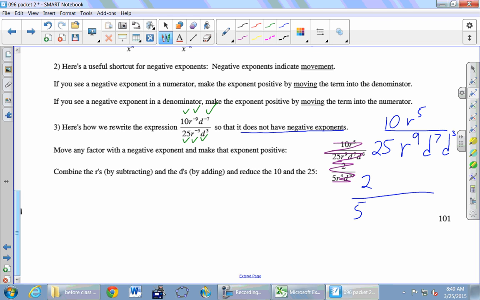What do I do with the power on the r's here? R to the 5th and r to the 9th. I subtract them. We know that from last class, division becomes subtraction in the powers. So you could do 5 minus 9. How much is 5 minus 9? Negative 4. But if you do that, all of a sudden you've got another negative exponent. We worked so hard to get rid of negative exponents. So how about we subtract in the other order? 9 minus 5.